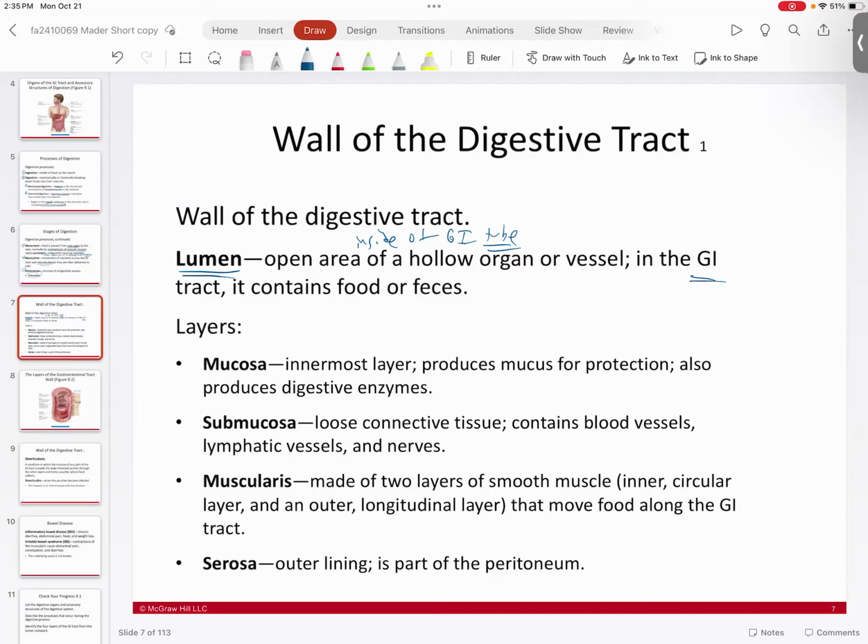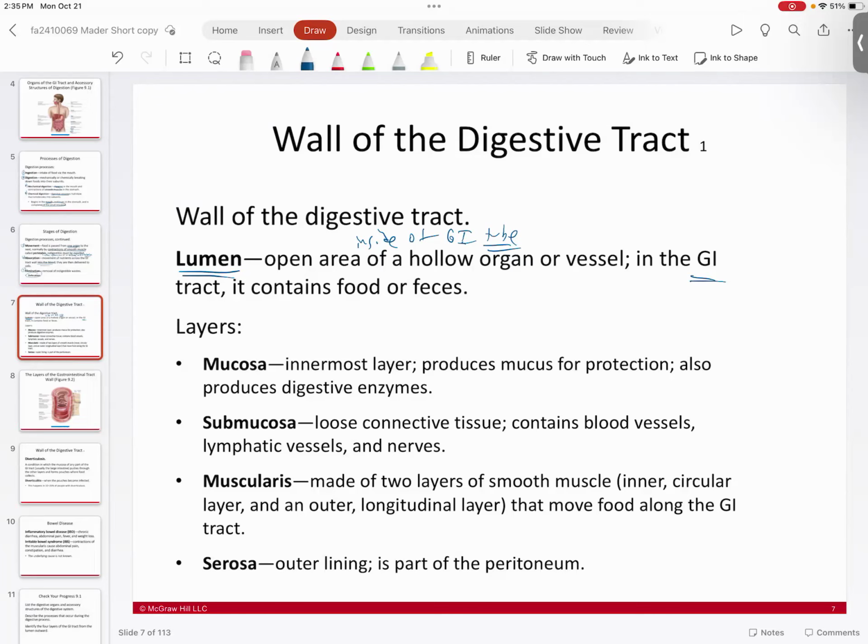But when you look at the GI tract, one of the things that ties together the entire tube from your esophagus all the way down to your anus is that they are all composed of the same layers. Just like the layers of arteries and veins were similar and just varied as they went through the body, we have the same thing with the digestive wall.